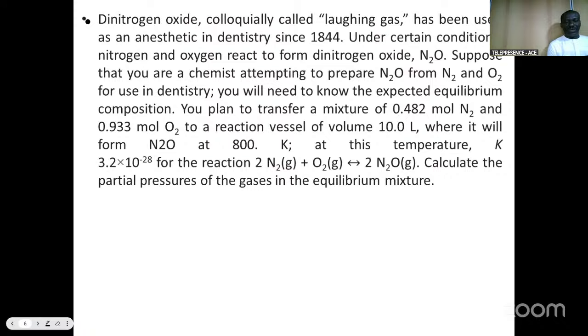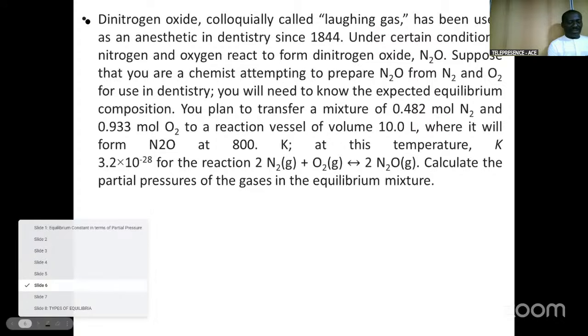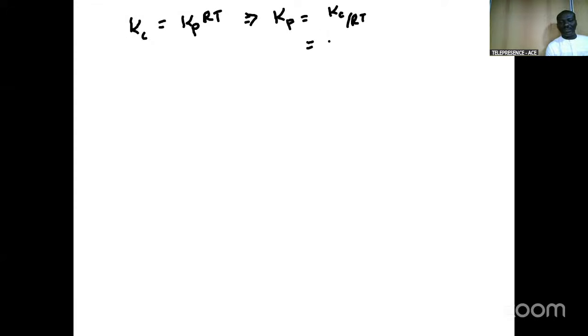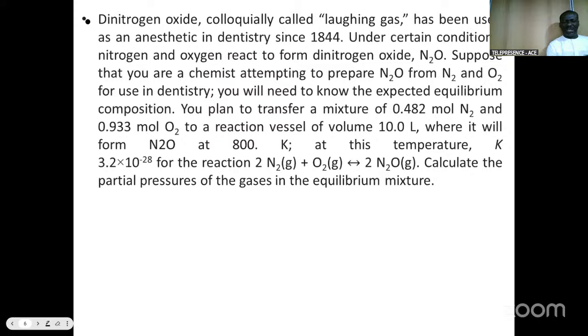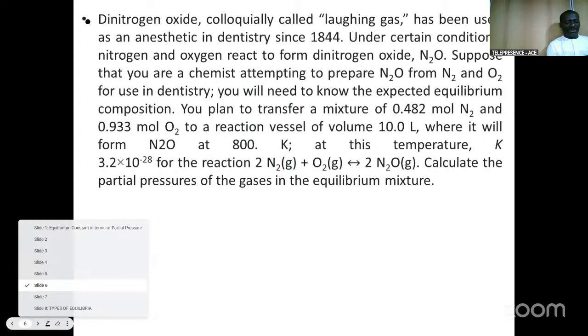We can write that Kp is equal to Kc over RT, and Kc was given in the previous slide to be 3.2 to the power minus 28, over R, which is 0.08206, and of course T in the reaction we're told is 800 Kelvin. That's times 800 Kelvin.